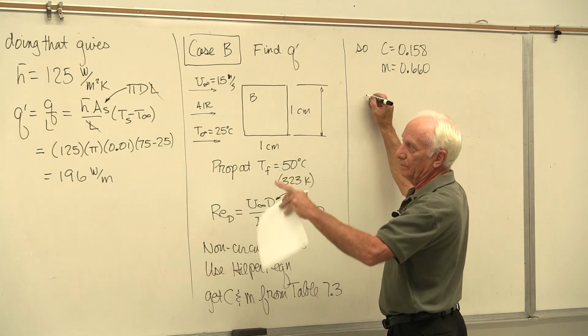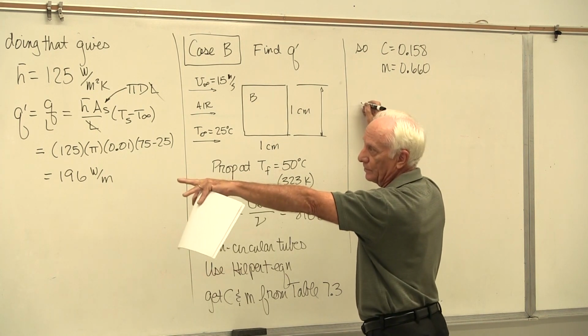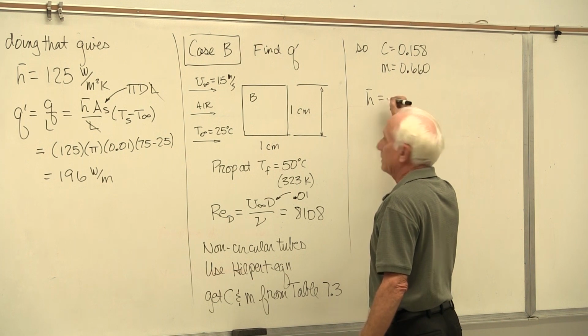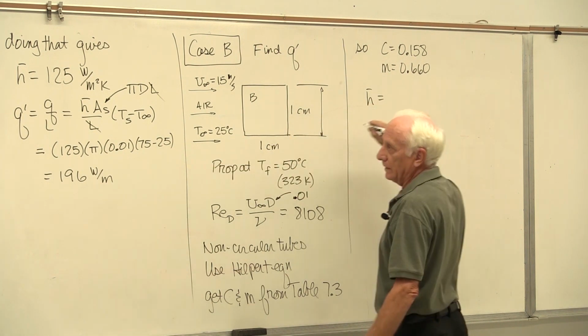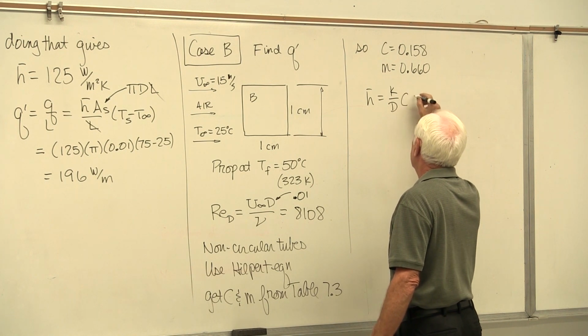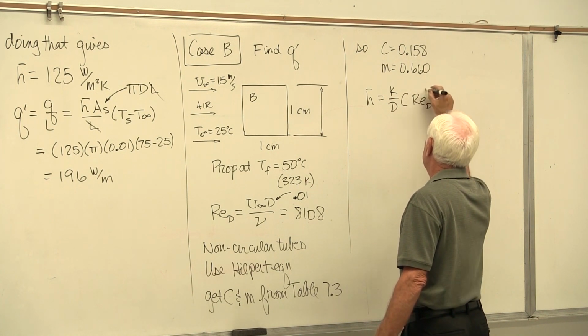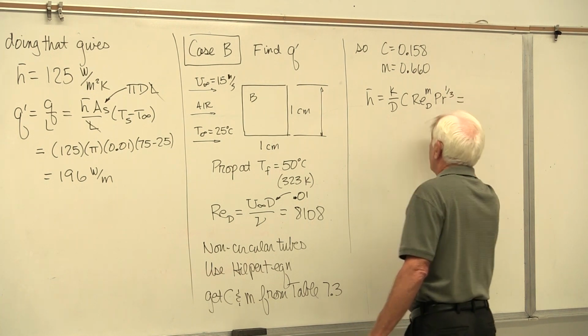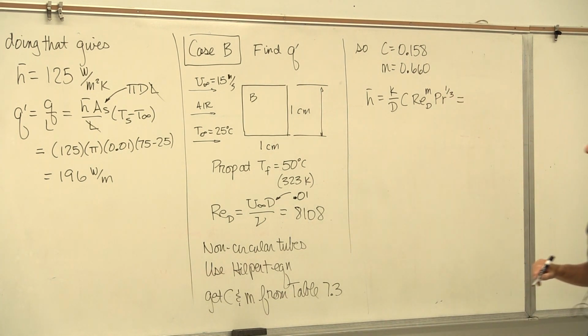Again, use Hilbert. Okay, there's Hilbert. H bar equal K over D, C Reynolds D to the M, Prandtl to the 1/3. Put those numbers in there, you know them all.